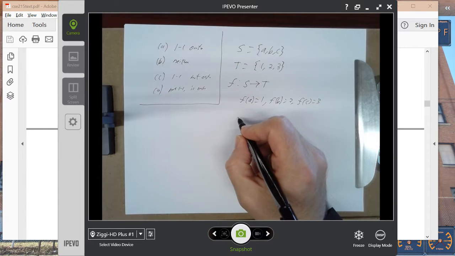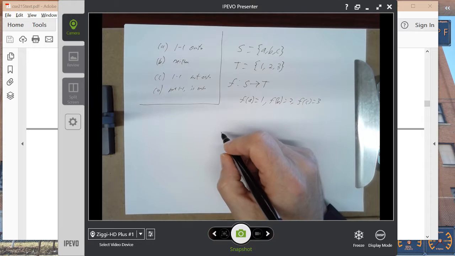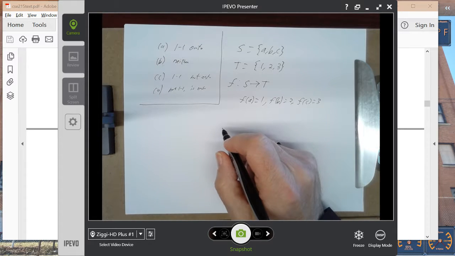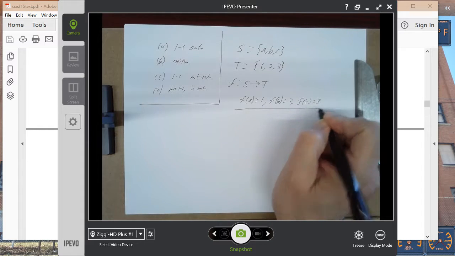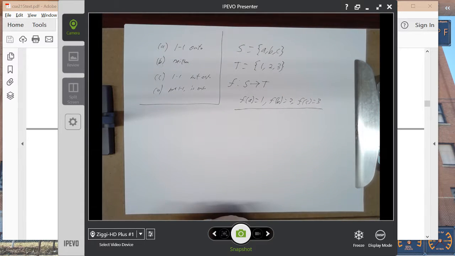Could you have a function that is neither 1-to-1 nor onto? So when does a function fail to be surjective? That's injective. Okay, so when does it fail to be injective? You have 2 things mapping to the same element.